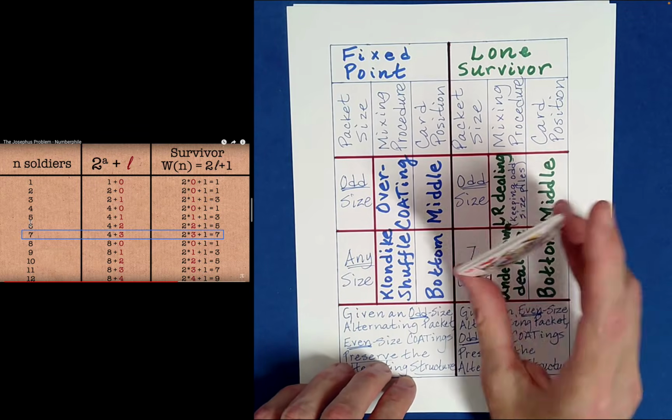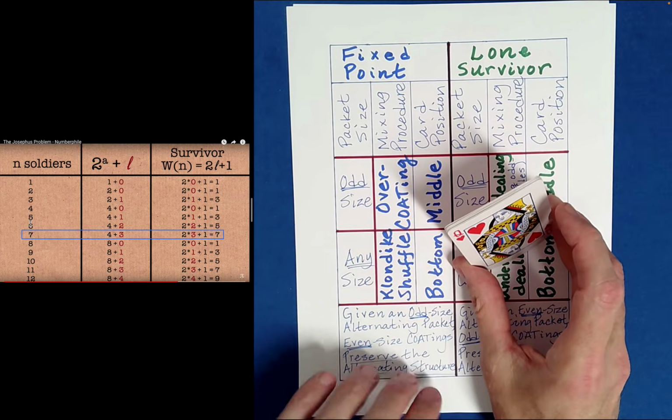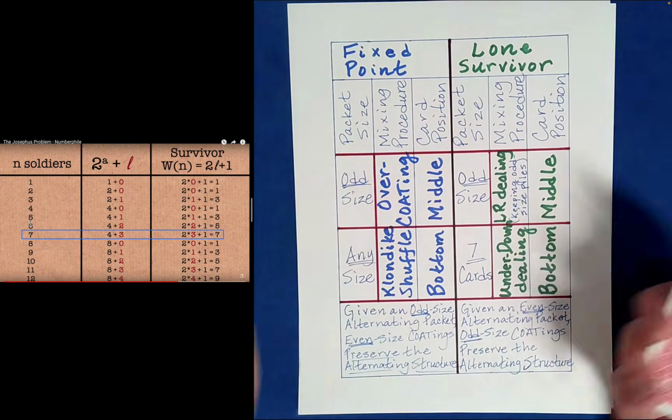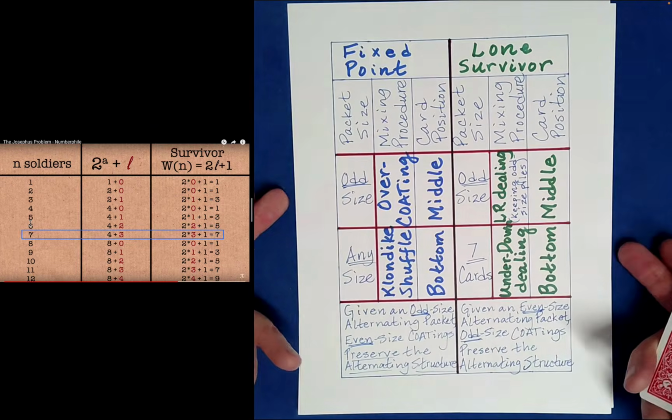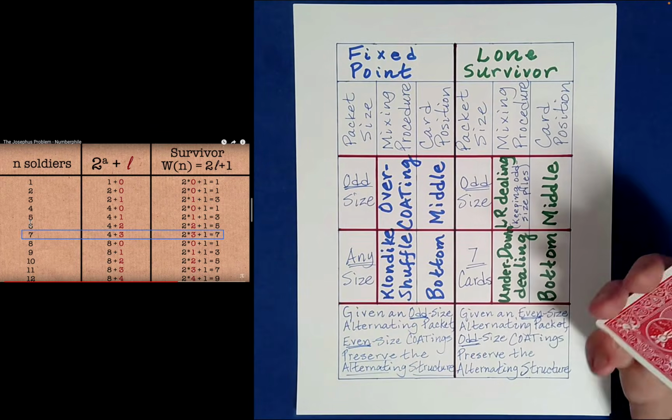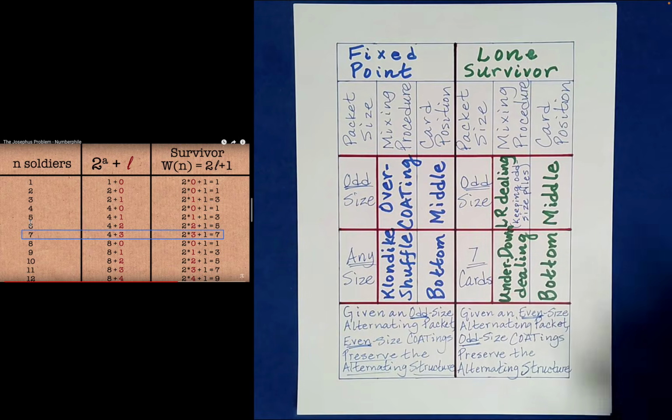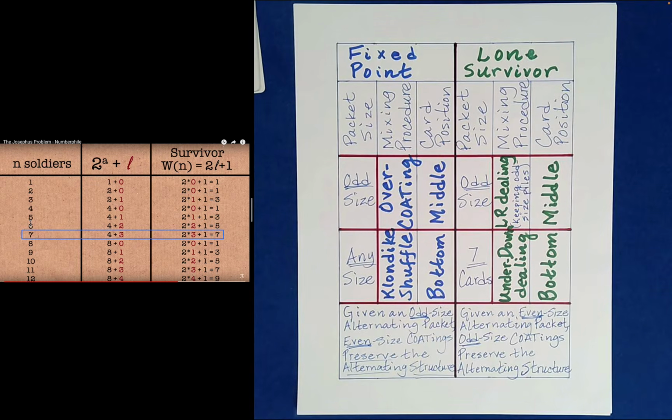Then you can just glance and see that that's the Queen of Hearts. Now you go through and do the under-down deal, and with some panache, reveal that somehow you knew what that final card would be, even though the spectator freely chose these random 7 cards, right?